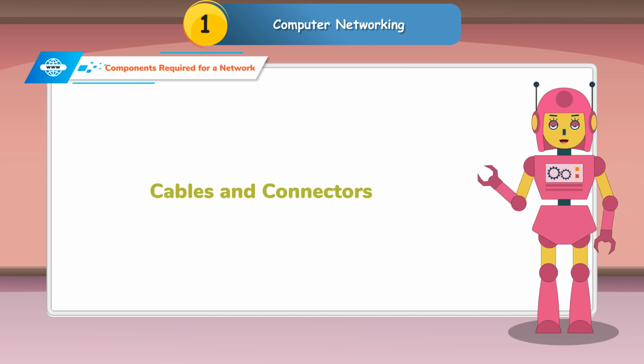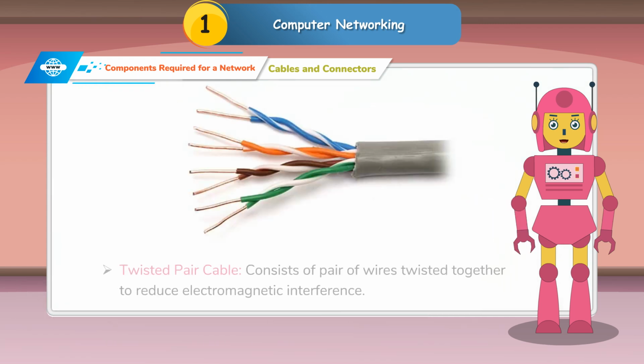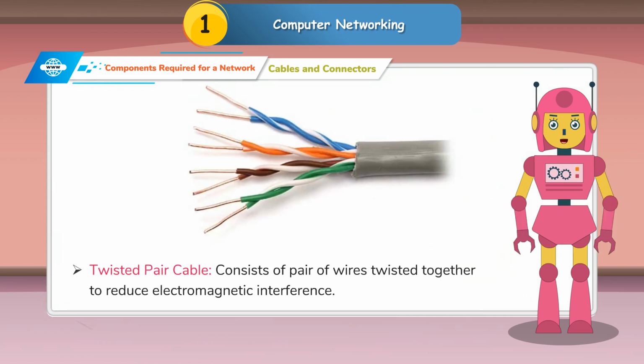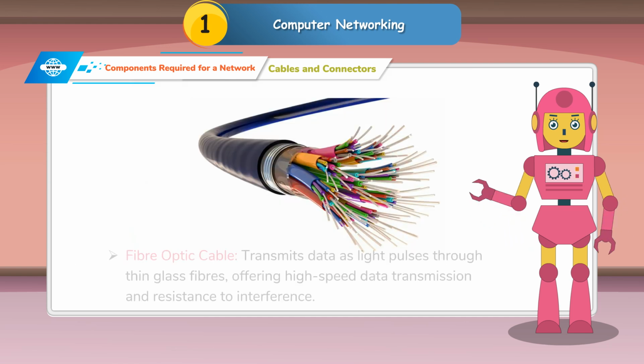Cables and connectors. Cables are the physical mediums that carry data between devices in a wired network. Common types of cables include twisted pair cable, which consists of pairs of wires twisted together to reduce electromagnetic interference. Coaxial cable, a single copper wire surrounded by insulation and shielding to reduce interference.